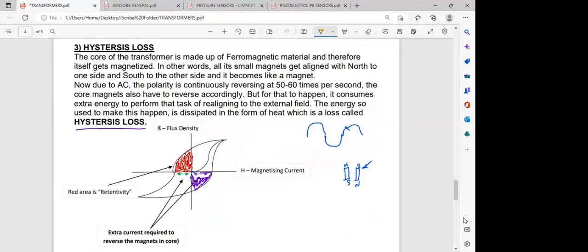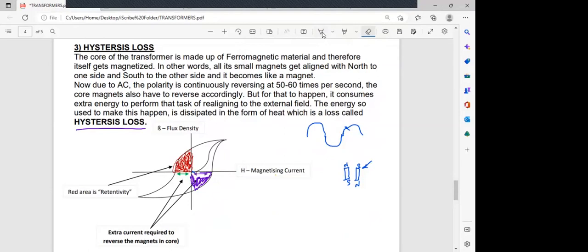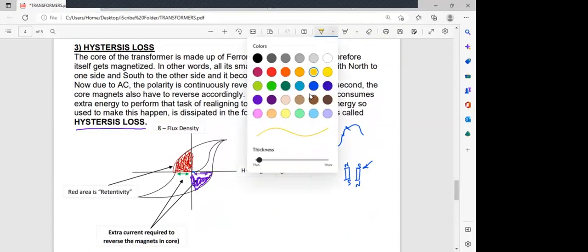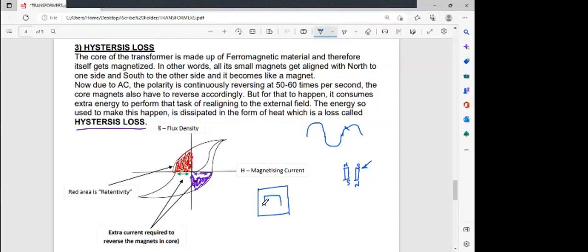But what happens in this case? We said that the soft iron core is a ferromagnetic material. That means in that particular core, whether it is the hollow type or the shell type, let's take the hollow type, you will have a lot of tiny magnets, all spread around.